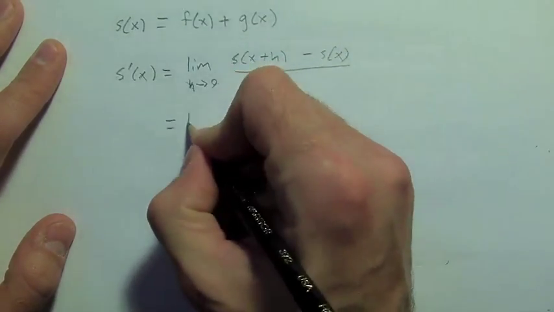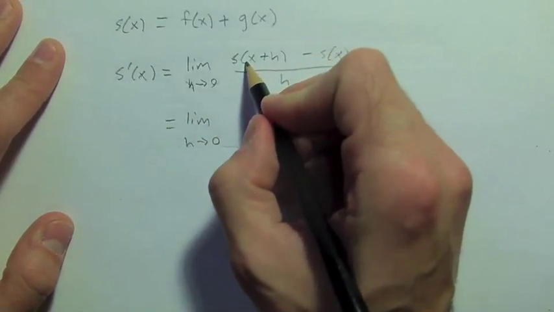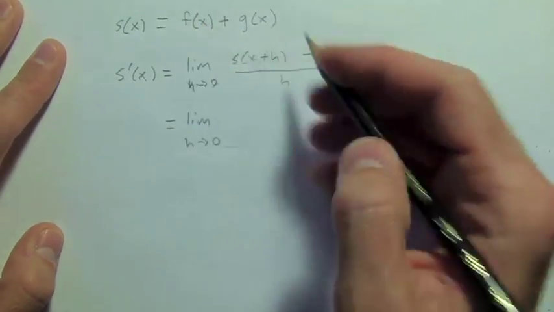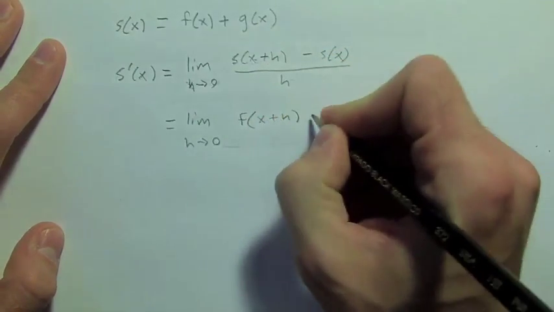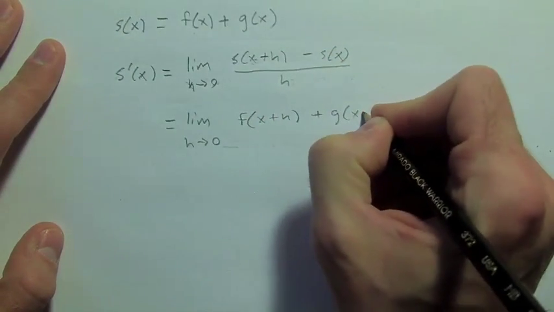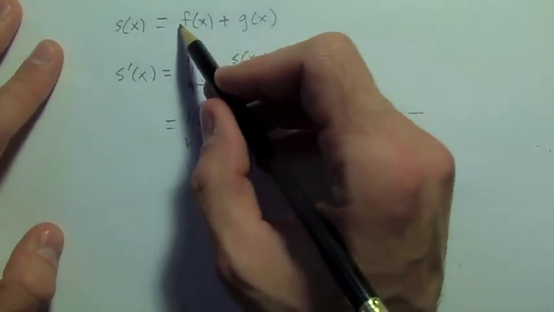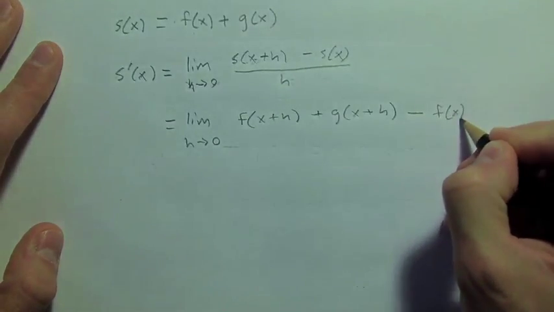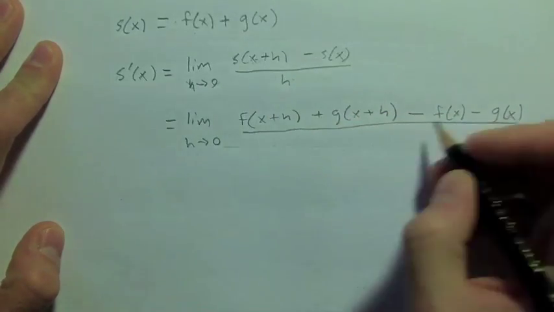Okay, so that's going to be the limit as h goes to 0 of, well, s is just f plus g, so that's going to be f of x plus h plus g of x plus h. And then this minus s of x, well, that will be minus f of x minus g of x, all over h.